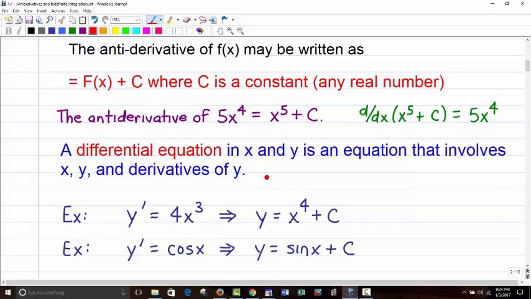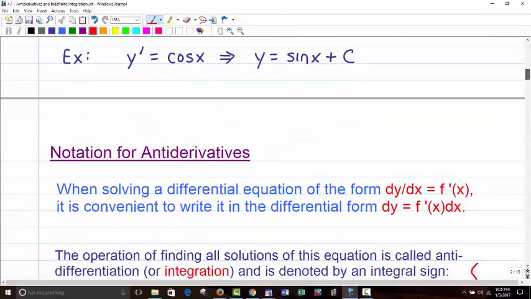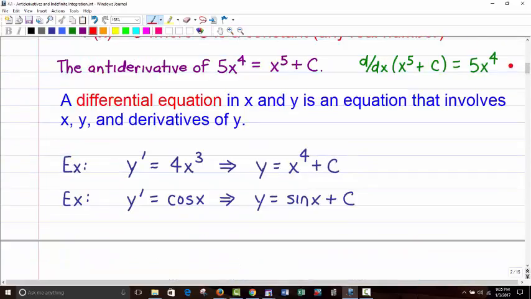So a differential equation involves variables x and y and any derivatives of y. So it could be several derivatives. Let's see if I put one on here. No, I didn't. I'll see if I can freehand one here real quick.